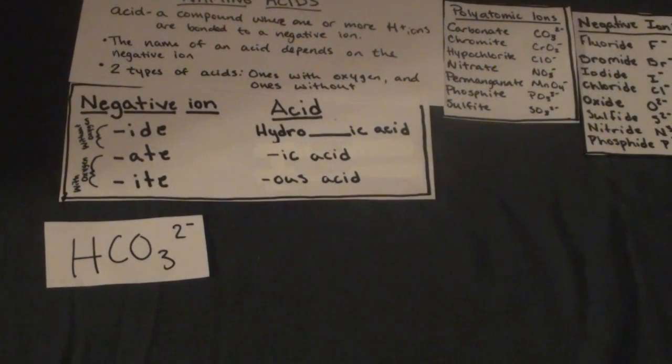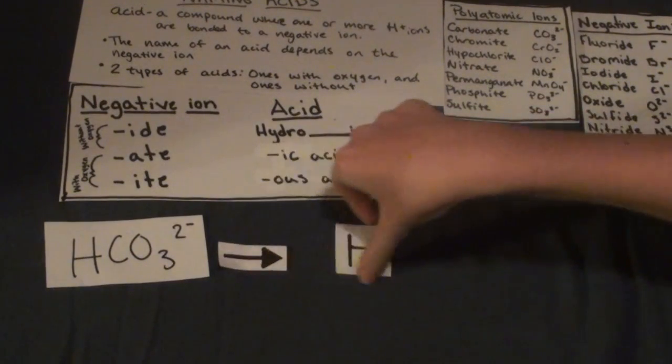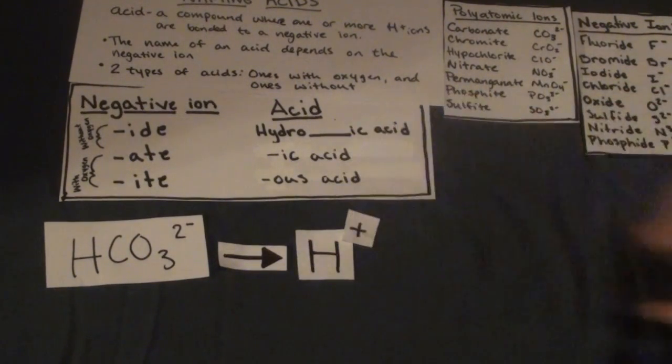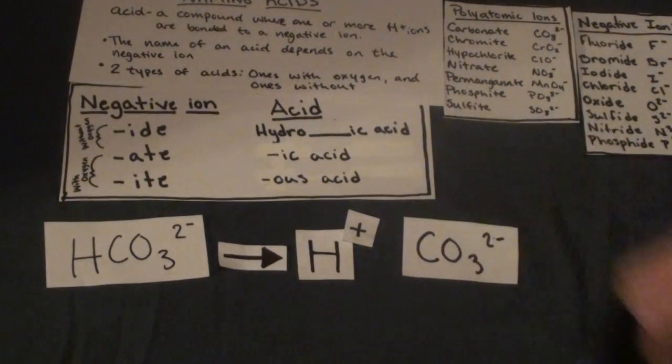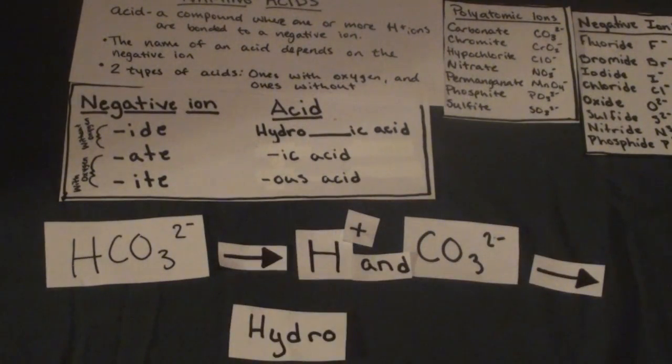HCO3 2 minus. Let's break it down. We have H plus and CO3 2 minus. These elements are hydrogen and carbonate.